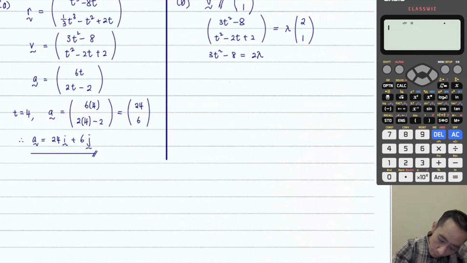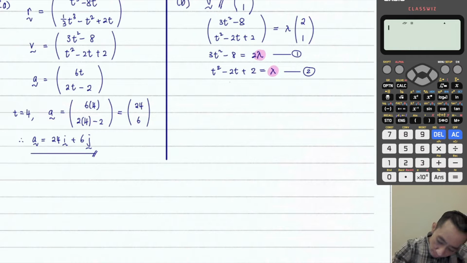And then compare the vertical component. t squared minus 2t plus 2 is lambda times 1. So here we have t squared minus 2t plus 2 is equal to lambda. So here is the first equation, second equation. Both of these have lambda.